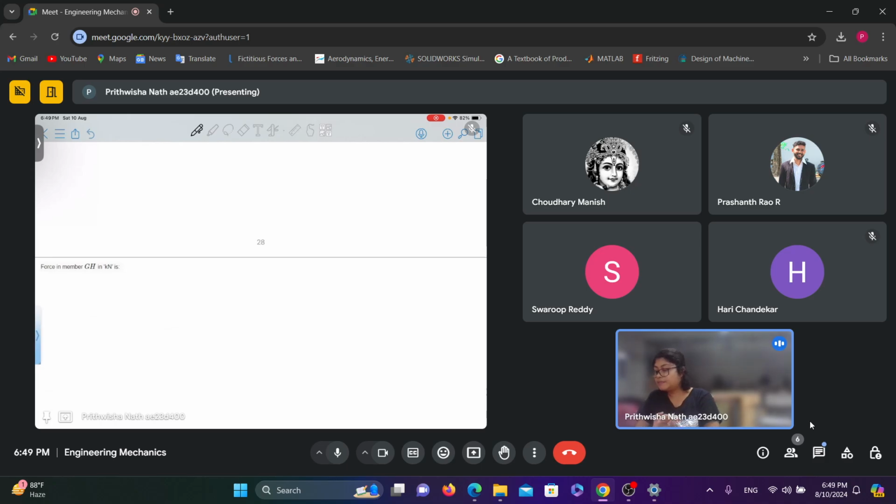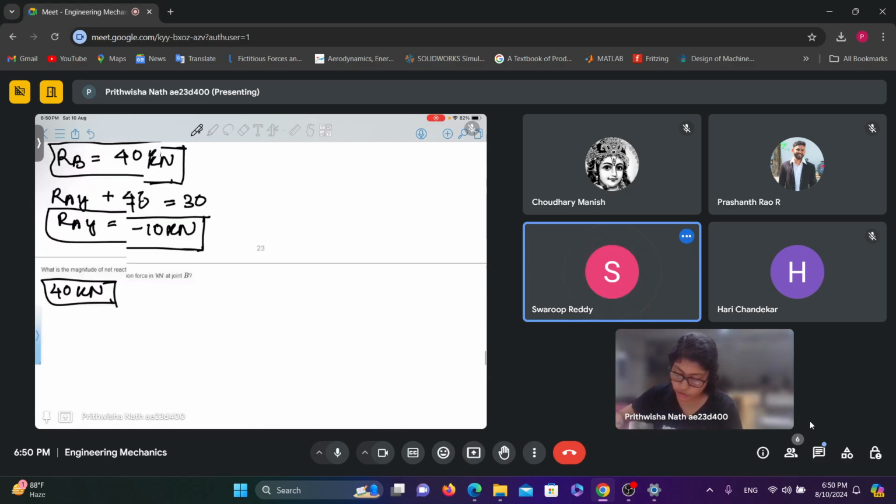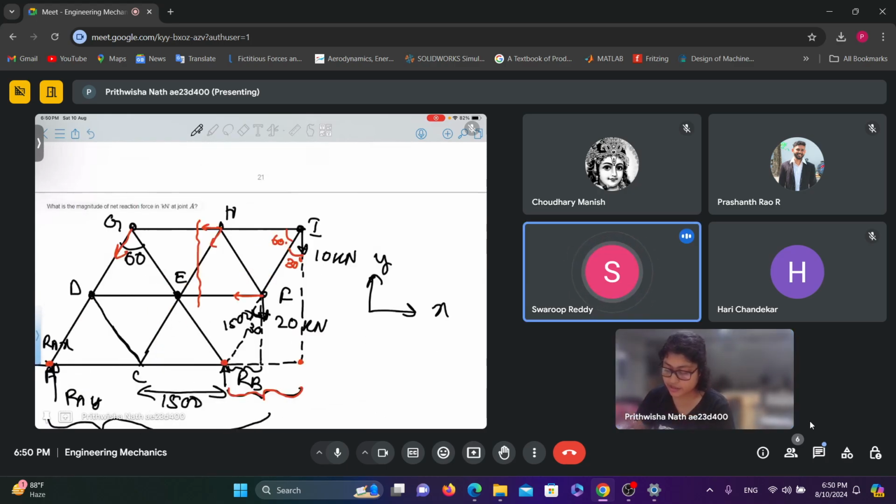I will consider the other half of the truss to compute this force. So now I'll consider the rest half, not this half, the left portion of the truss. The left portion of the truss will be considered for calculating force in member GH. Okay.